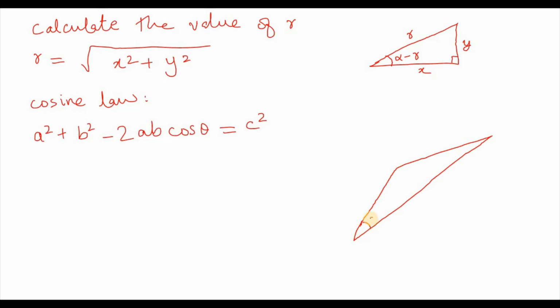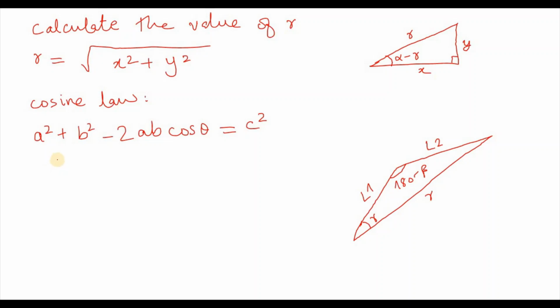The internal angles are gamma, and this is r, this is L1, this is L2, and this angle is 180 minus beta. So when you want to make a relation between the sides and angles, you use the cosine law.